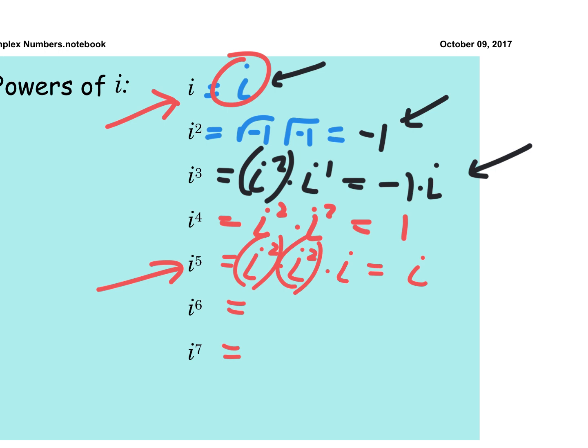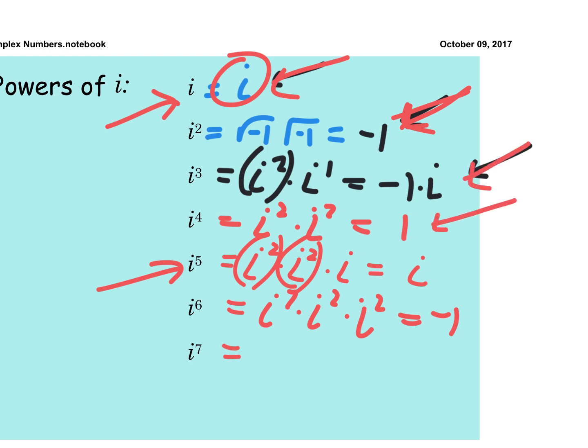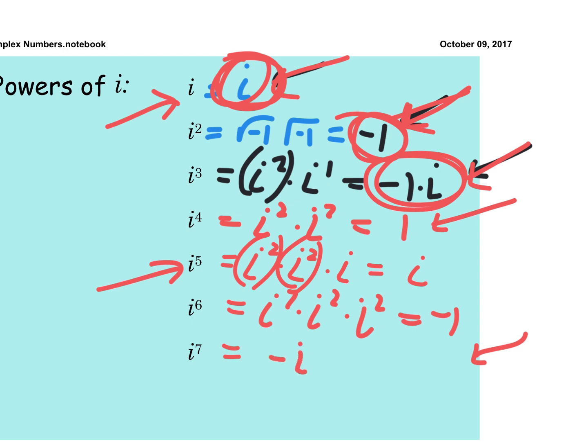This one, I squared times I squared times I squared is -1 times -1 times -1 is -1 again. And so it's just completing this little loop. It's I and then -1 and then -I and then 1. So I can even make the prediction. This third one must be the third one in the series. It must be -I. And it is.